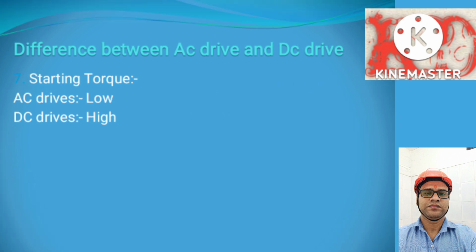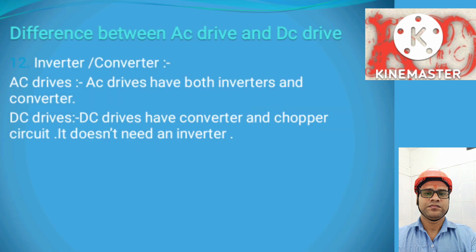Thirteenth, starting torque. AC drives give a low starting torque, whereas DC drives give a high starting torque. Fourteenth, inverter and converter. AC drives have both inverter and converter, whereas DC drives have converter and chopper circuits. It does not need an inverter.